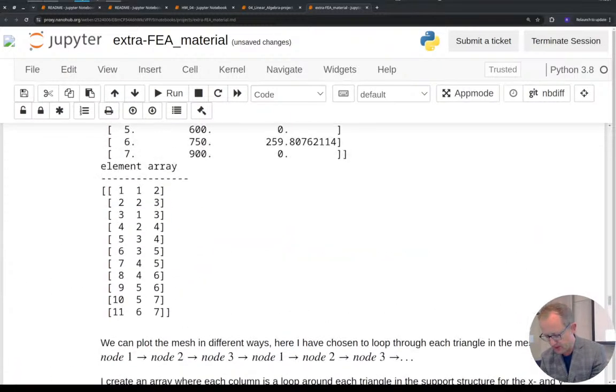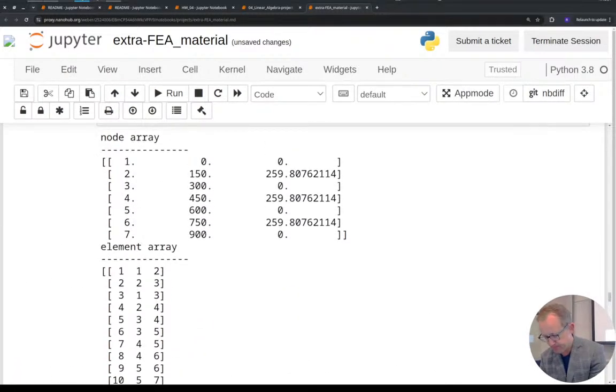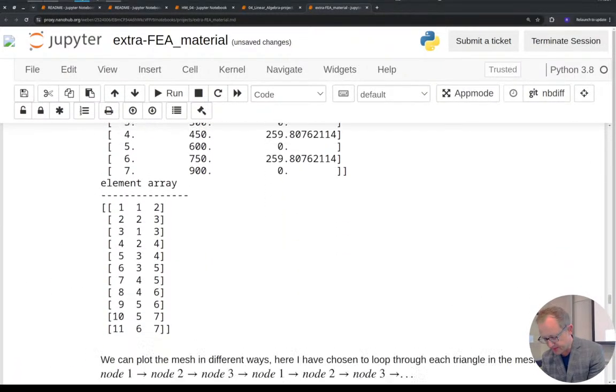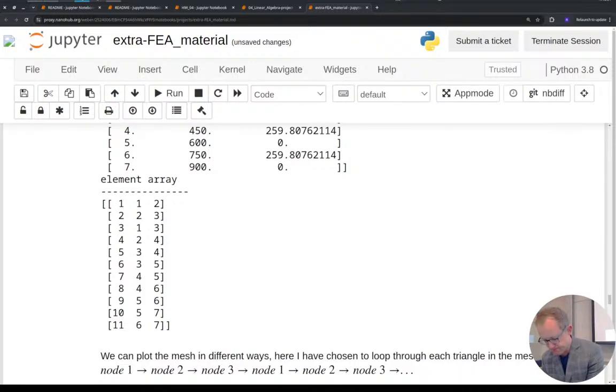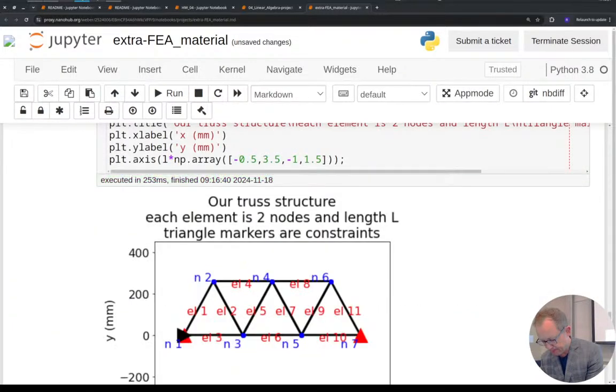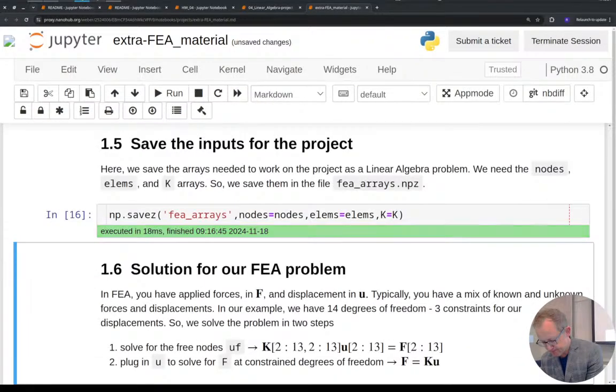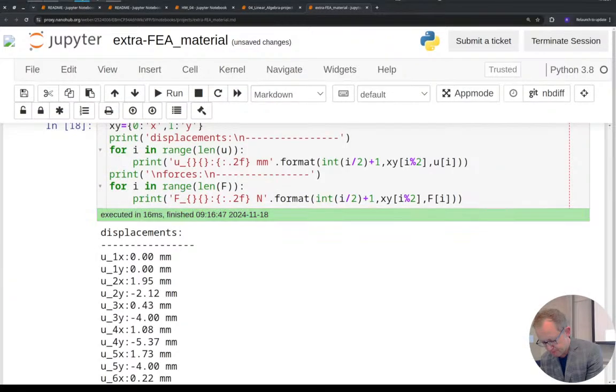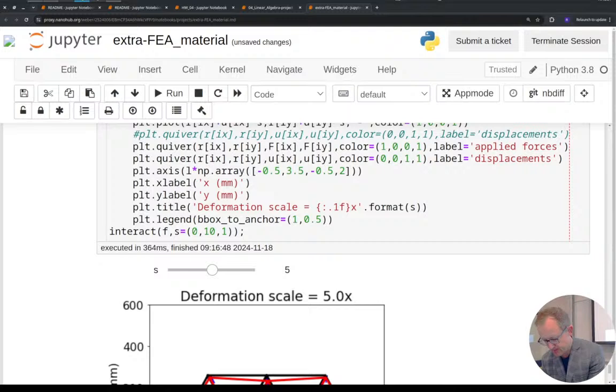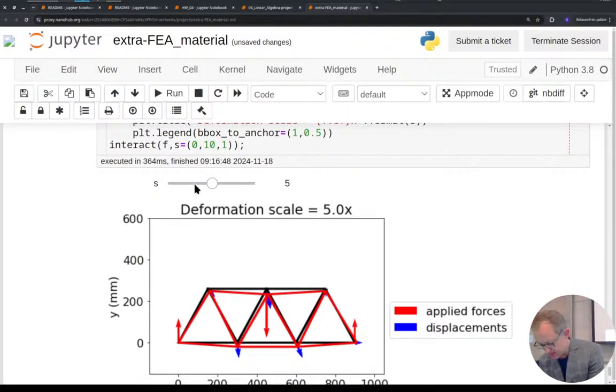And yeah, we can print out the node array, connectivity array, all of that. And then let's see if this one works. Oh, it does work. Nice.